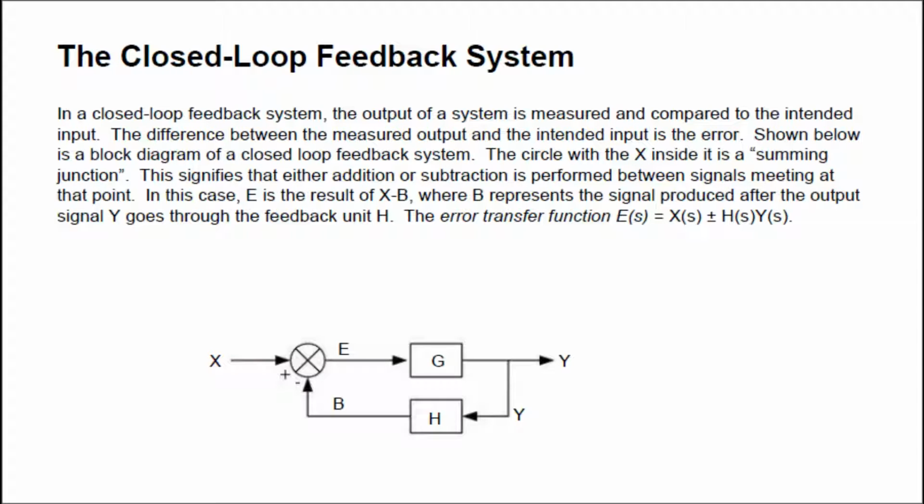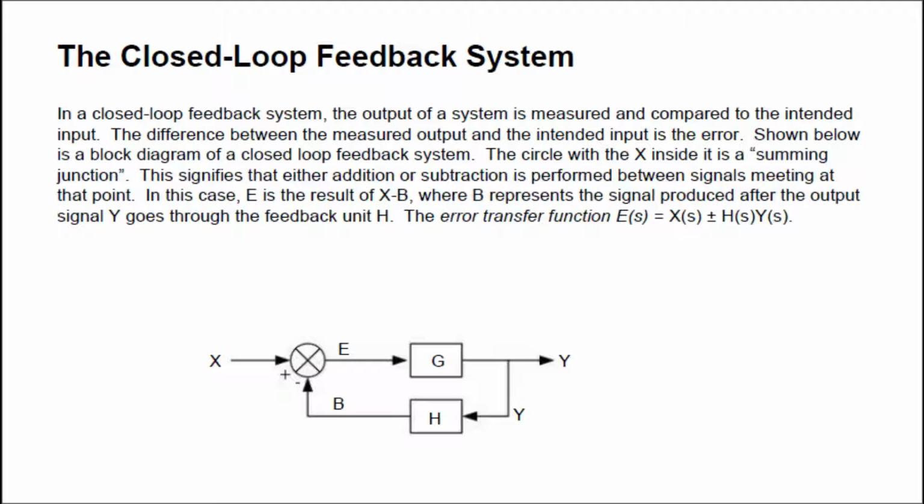The circle with the x inside it is a summing junction. So what happens here, as you can see from the plus sign and the minus sign close to that summing junction, is it's taking the positive value of the desired input, x, or x of s, and it's taking the value of b.